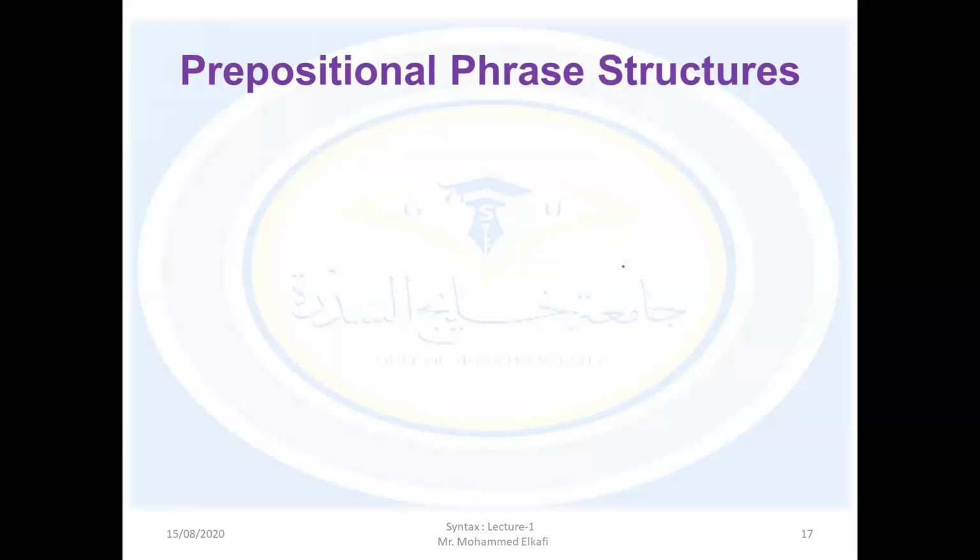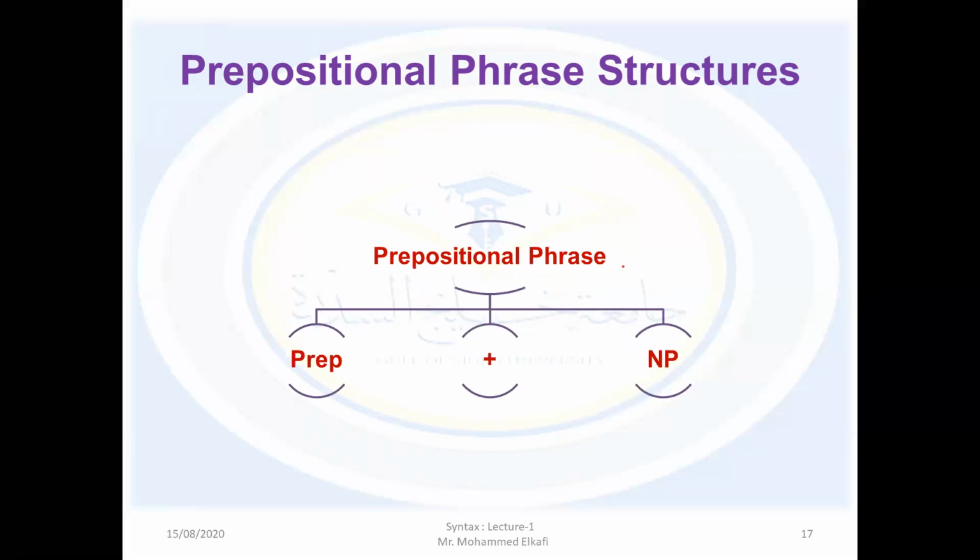We have also some other structure which is also important, which has some function as adverbial, if you remember. We'll talk about it. Prepositional phrase structures. Here we have only one structure. For the prepositional phrase, we use preposition plus noun phrase. We'll find a preposition like in, at, on, or some other such as of, plus a noun phrase.